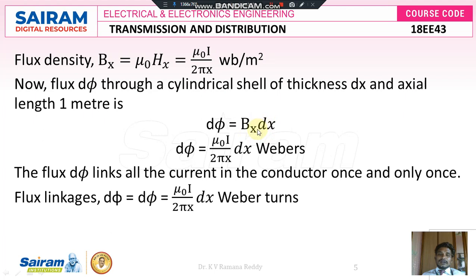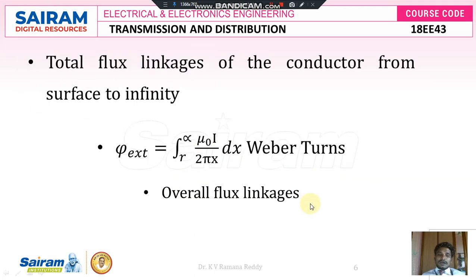From here we can write that d phi is equal to mu I by 2 pi x, again into dx. Now the flux d phi links all the current in the conductor once and only once. Then we can write the formula d phi is equal to mu naught into I by 2 pi x into dx Weber turns.